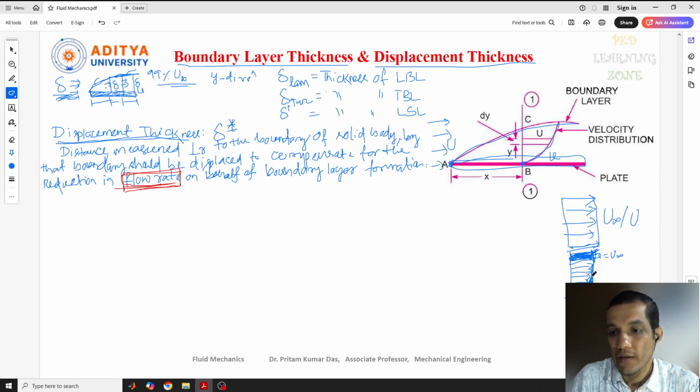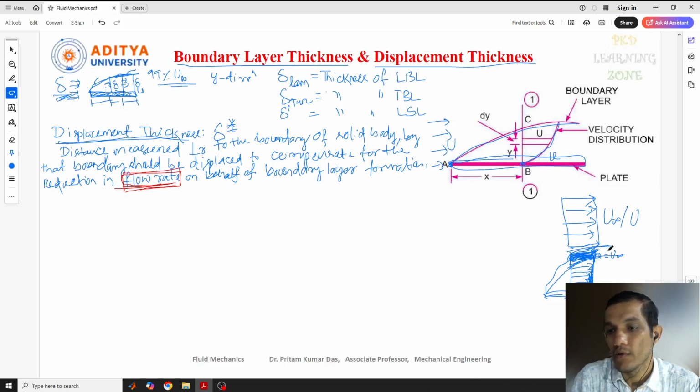So to compensate this flow rate, we need to displace this boundary layer. The boundary should be displaced to compensate for the reduction of flow rate on behalf of boundary layer formation. Initially the boundary layer formation was up to here. Now after that, the boundary layer formation will be like this.